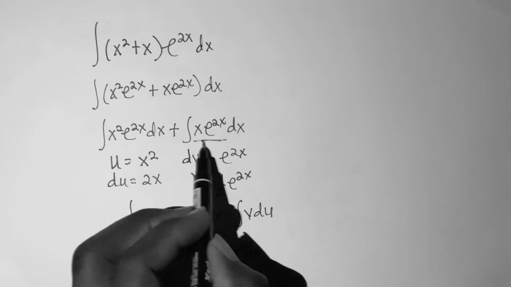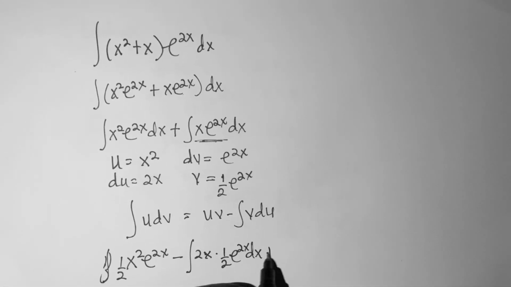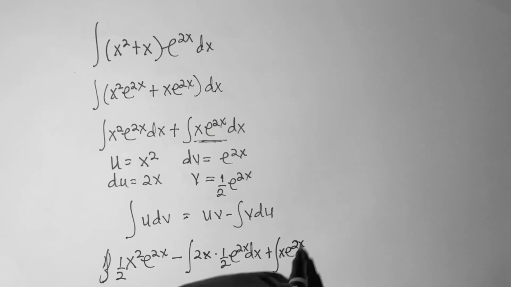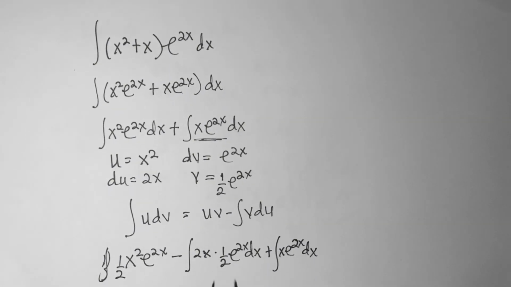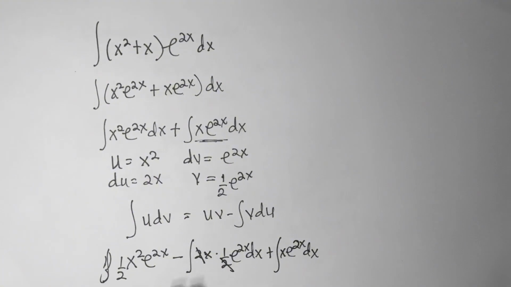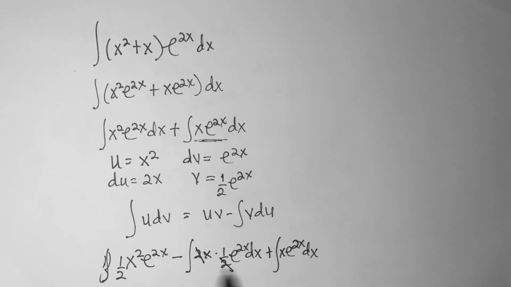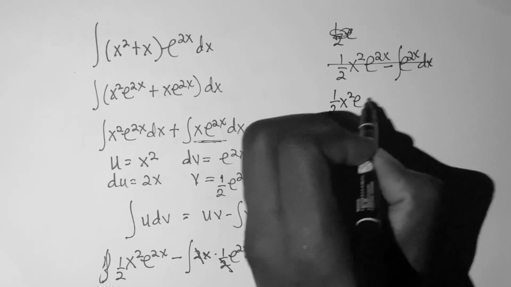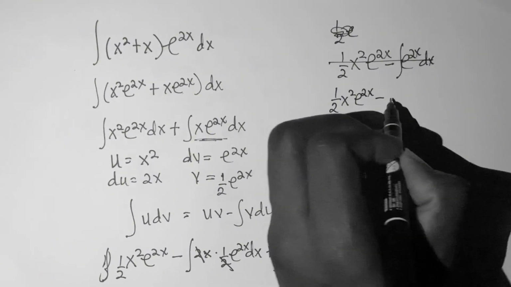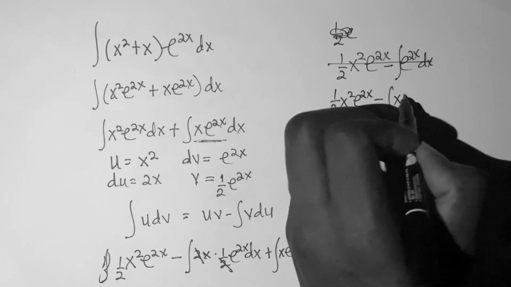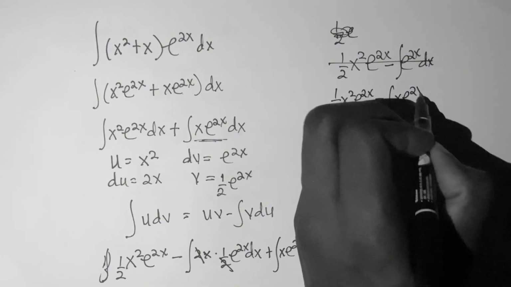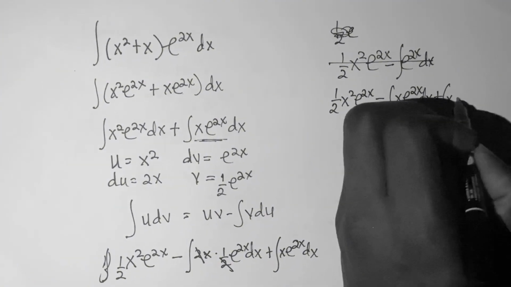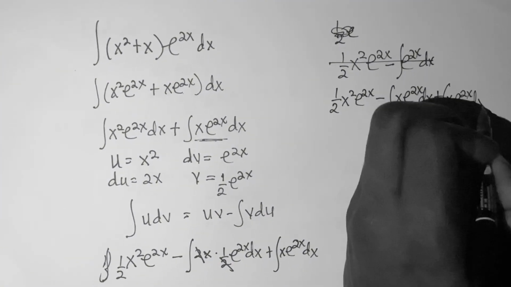But remember, we are left with this term, which is plus x exponent 2x dx. So this half and this 2x will cancel. So this becomes half of x squared exponent 2x, then minus integral of x exponent 2x dx, then plus integral of x exponent 2x dx.